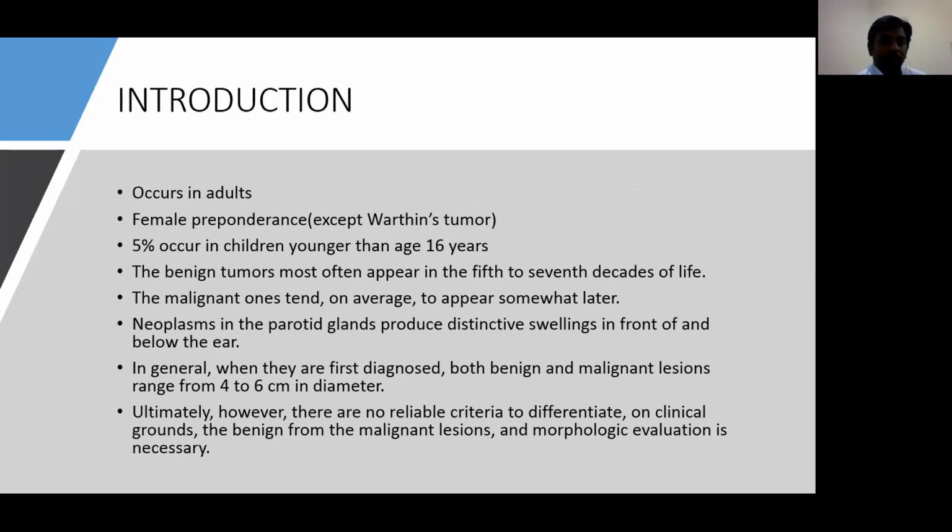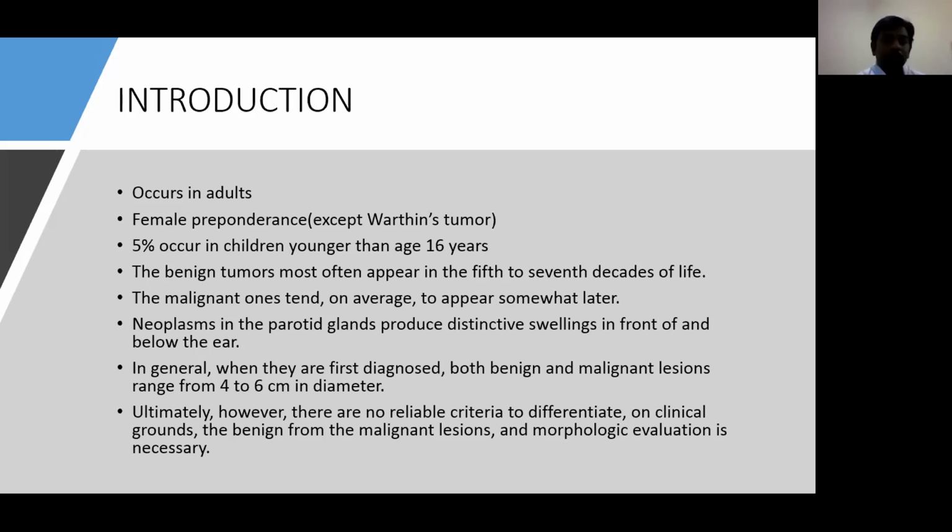Salivary gland tumors commonly involve adults, especially in the 5th to 6th decades. That is the most common age group involved. There is a very clear-cut female preponderance, except for Warthin tumor, which is more common in males. 5% of tumors occur in children younger than 16 years of age.